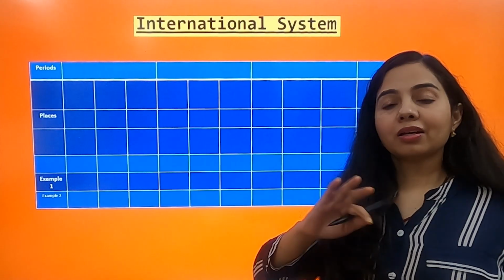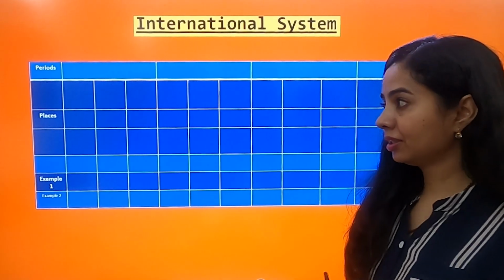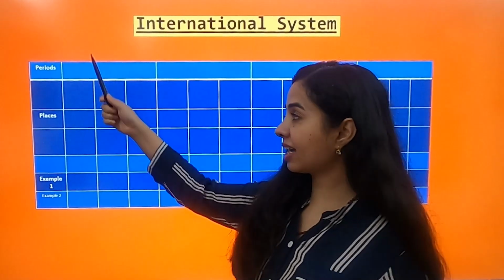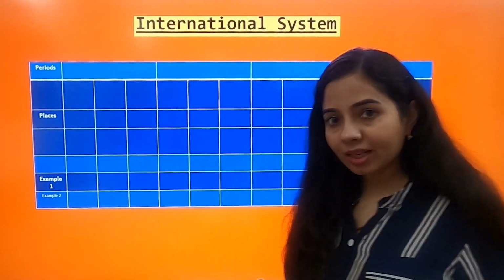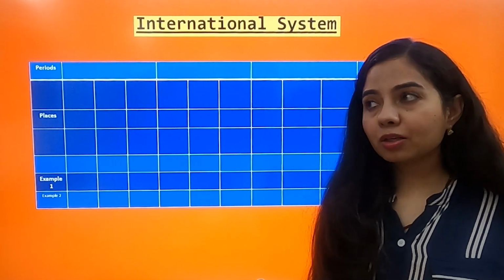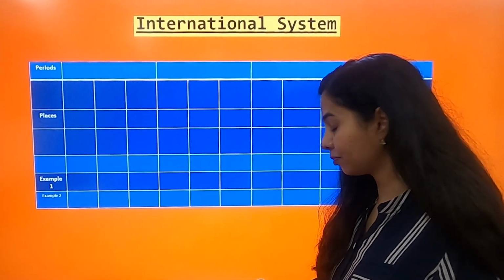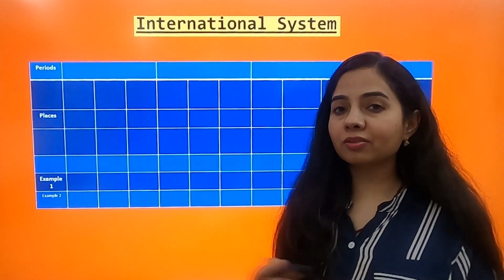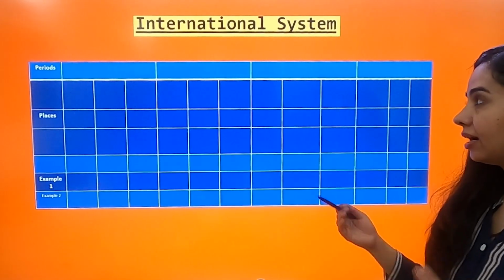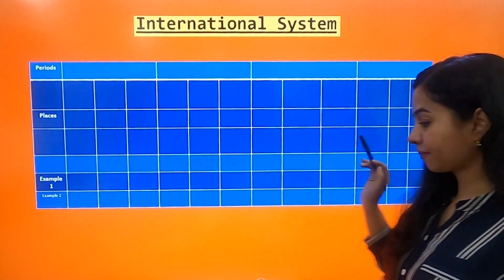So, we have finished with the Indian system. You have understood the basic concept of places and periods in the Indian system. It is quite similar but not exact. So let's see what are the similarities and what are the differences between the Indian system and the international system. Let's start with the places.